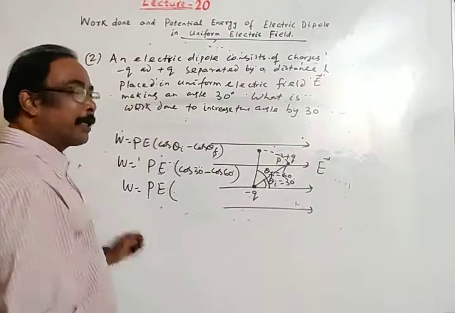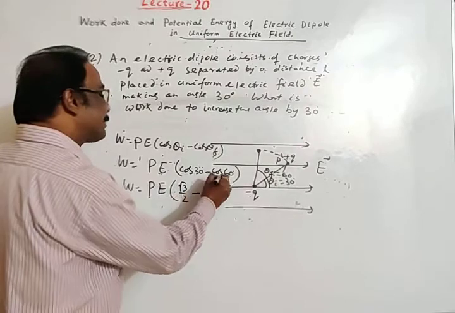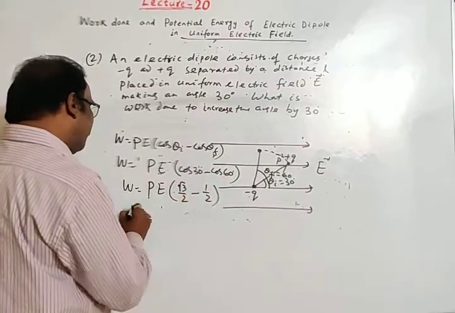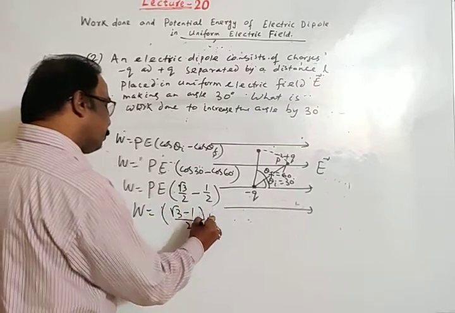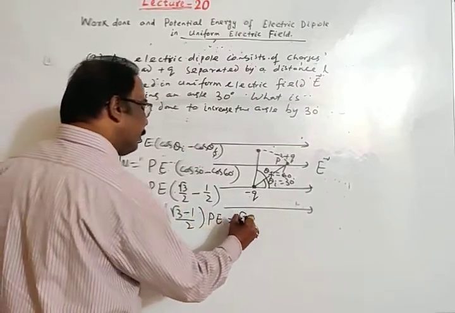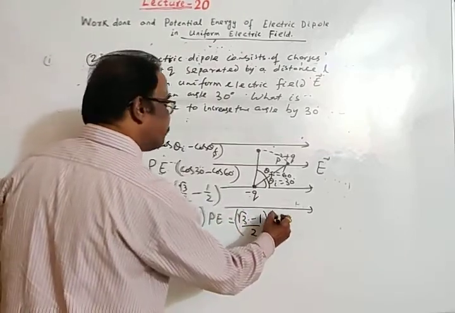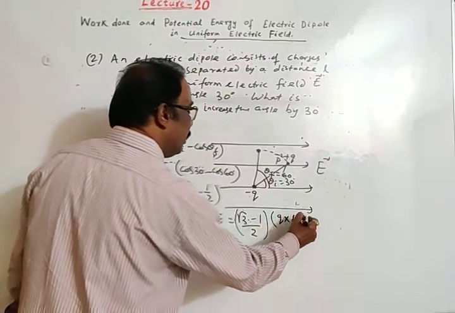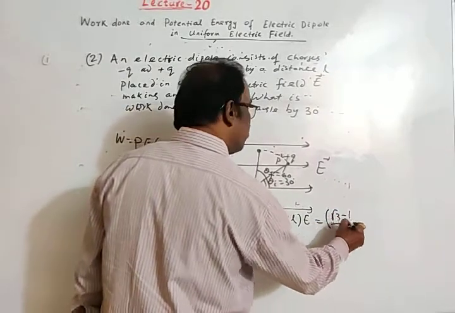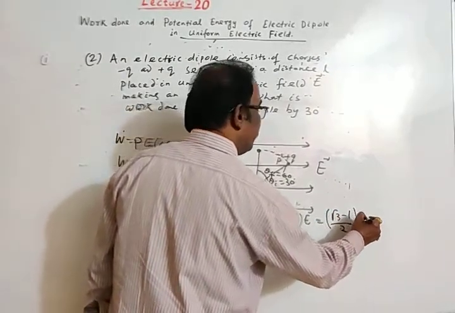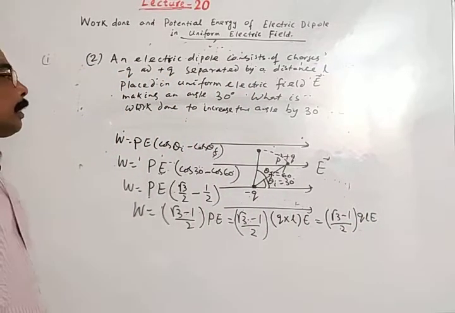What is cos 30? Root 3 by 2 minus cos 60, 1 by 2. Then work is equal to root 3 minus 1 by 2 into P. In place of P we can write Q into L into E, or finally you may write root 3 minus 1 by 2 into Q L E. Okay, this is our answer.